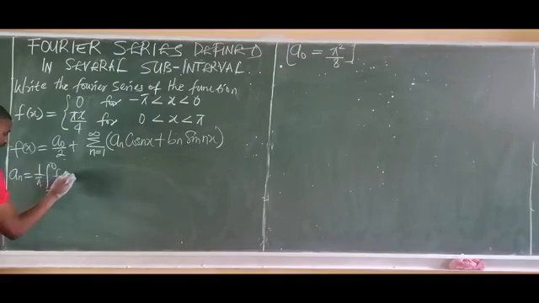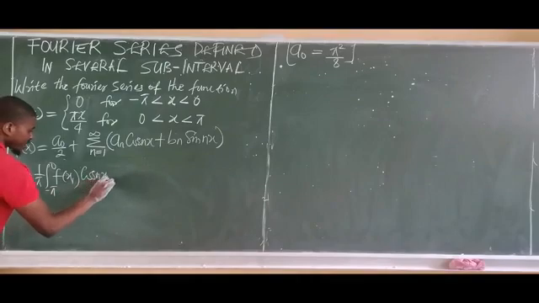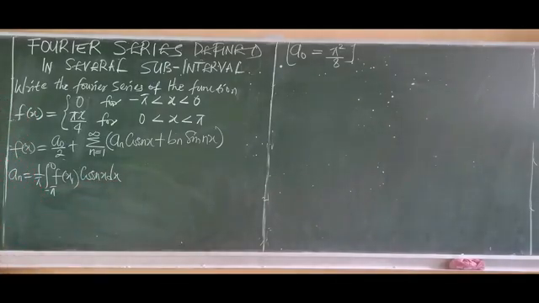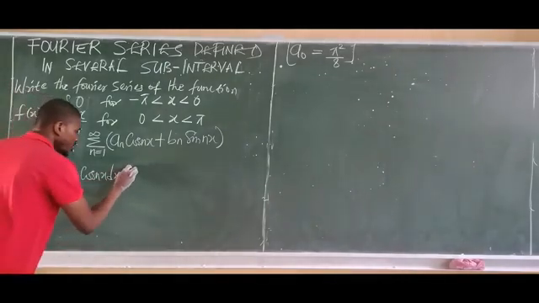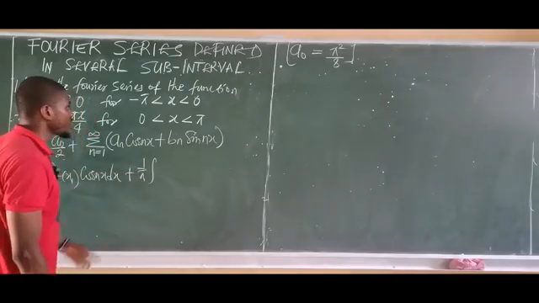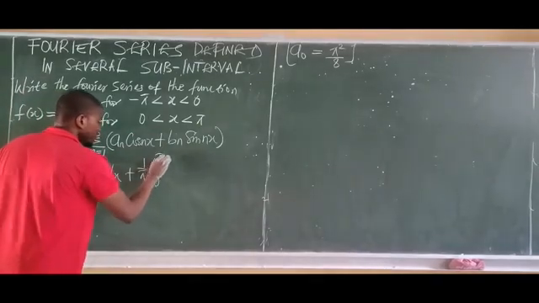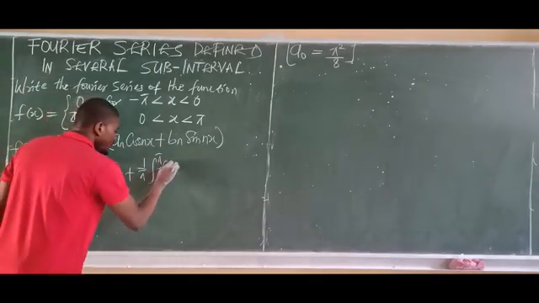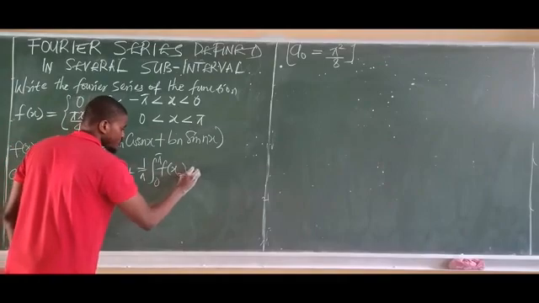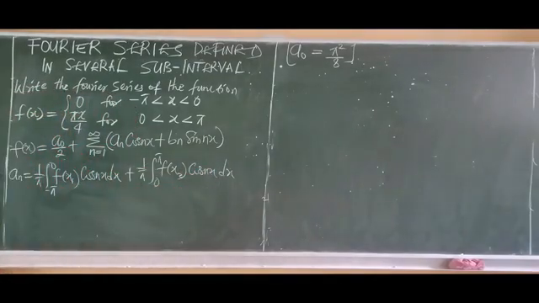This means now the very first function f of x1 times cos nx multiplied by dx, plus 1 all over pi integral of the second interval now from 0 to pi. So you have from 0 to pi. This is now of the second function f of x2 cos nx times dx. You have this. So you put in the values of the function.